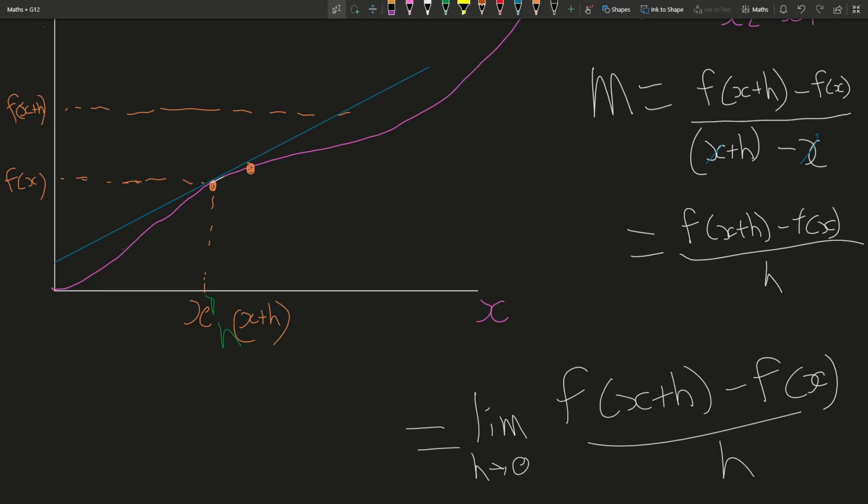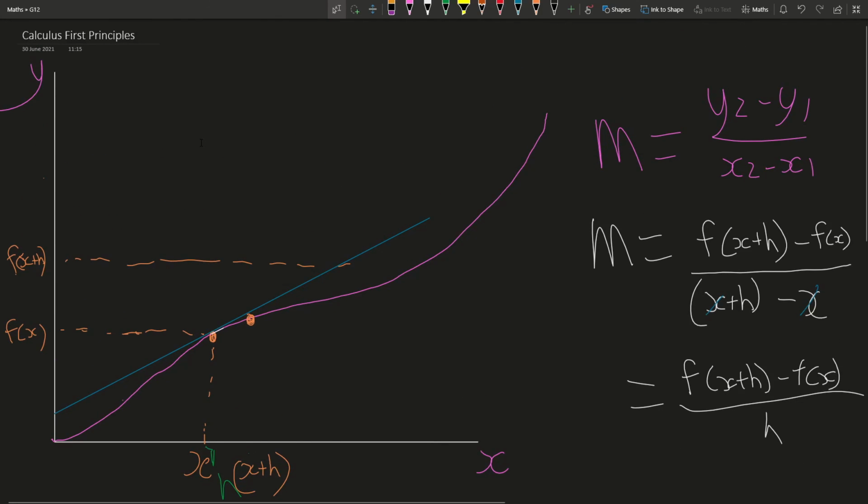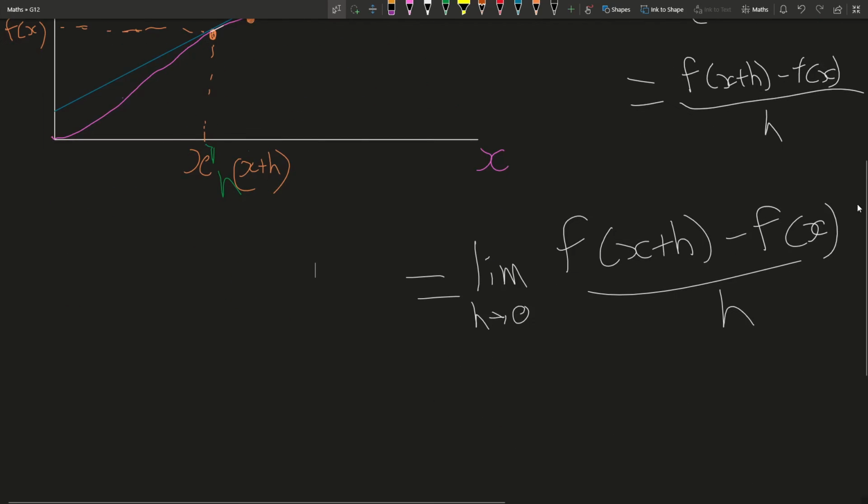So that is the explanation of where we get this equation from, and this equation is your derivative.